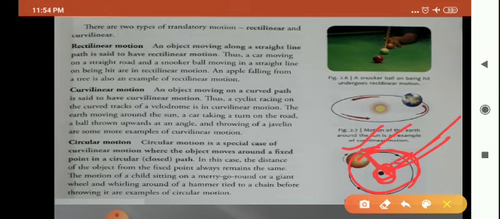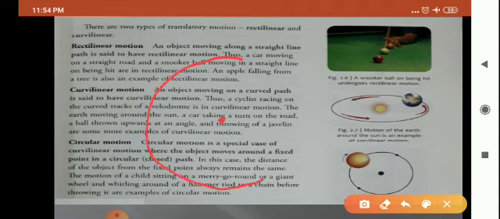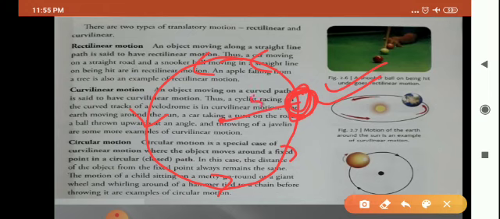So when this object moves along this circular path, it will always remain at the fixed distance. Suppose this is your fixed point and an object is moving around it. The distance of this object from the fixed point will always remain the same. Suppose here its distance from this fixed point O is 5.